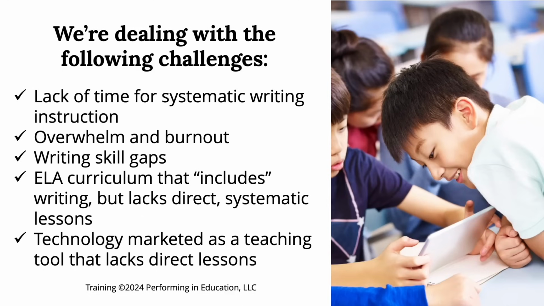So really when we're evaluating curriculum, we want to make sure that we have direct systematic instruction. And like what I showed earlier, it has to break down the writing process into those small skills. If we're not teaching writing consistently, if it's all over the place or it's application of writing, that's not good. So that's a big struggle and a big reason why we have so many gaps in our students' writing skills. It's just something that we always need to keep in mind.